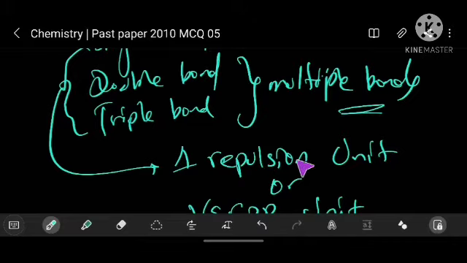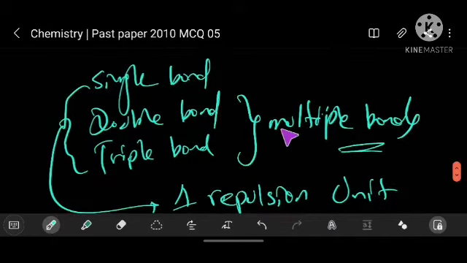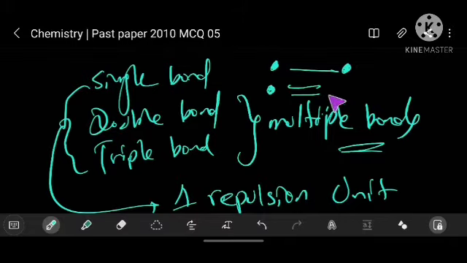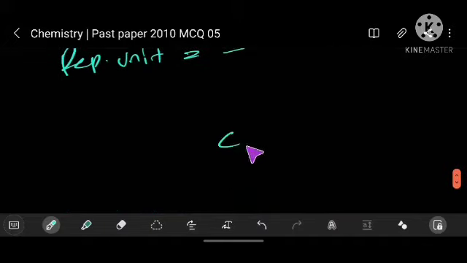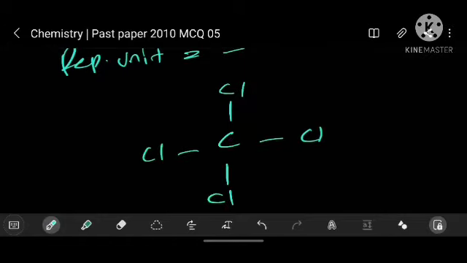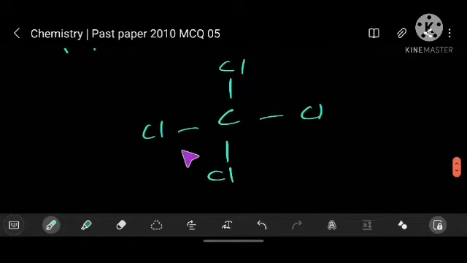So I'm talking about the bond or the multiple bonds between two atoms. I'm not talking about the bonds between several atoms. Let's say we have CCl4. Carbon is the central atom and we have 4 chlorine atoms around it, so it has 4 single bonds.